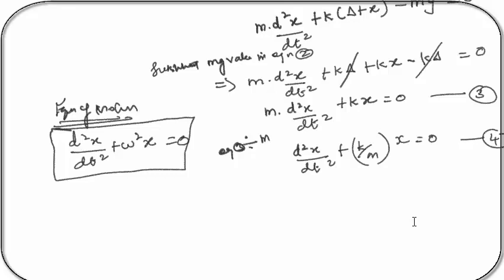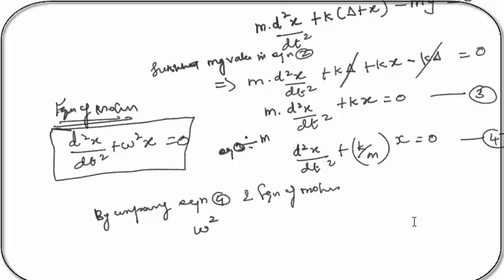So by comparing equation 4 and the equation of motion, we can write omega square is equal to k by m, and so omega is equal to root of k by m radian per second. The unit for omega is radian per second. It is the circular natural frequency.